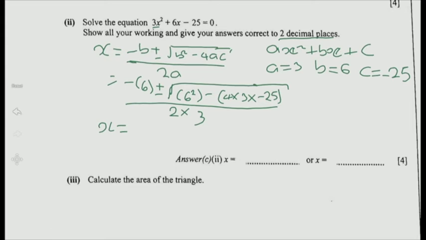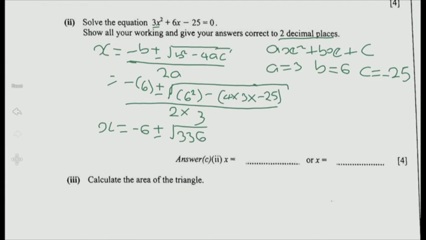So here we'll get negative 6 plus or minus the square root of 336, then you divide this by 2 times 3, that's 6.